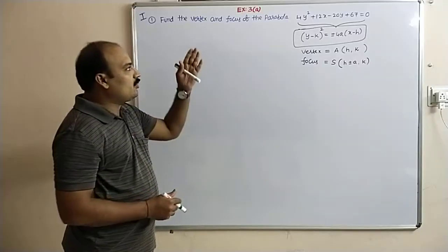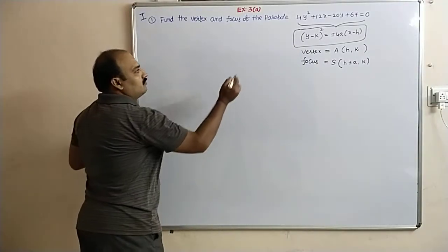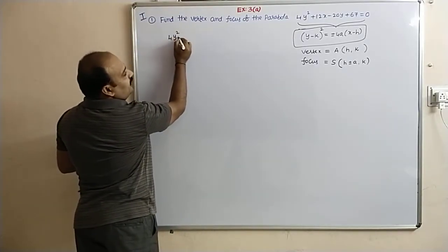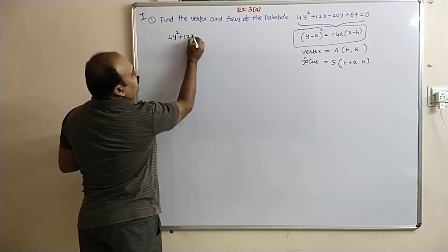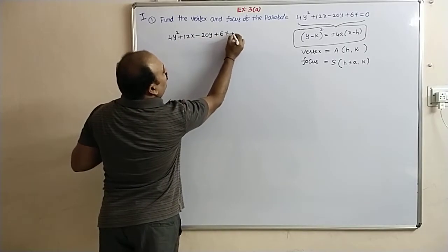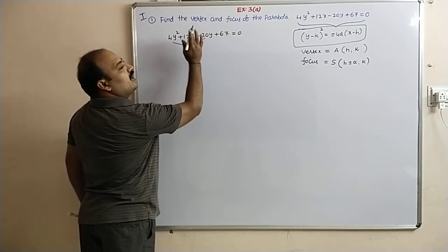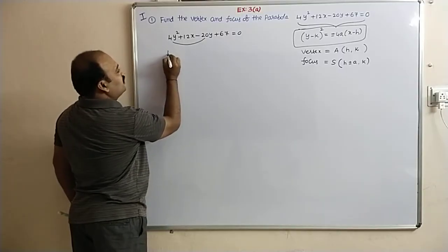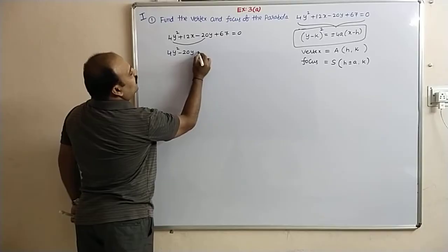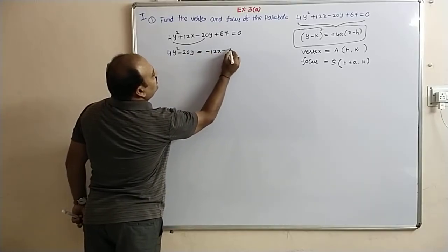First, the given equation of parabola is reduced into this form. See here, in this equation, 4y square plus 12x minus 20y plus 67 equal to 0. Except the y square and y terms, I am taking the rest to that side. So it will become 4y square minus 20y is equal to minus 12x minus 67.